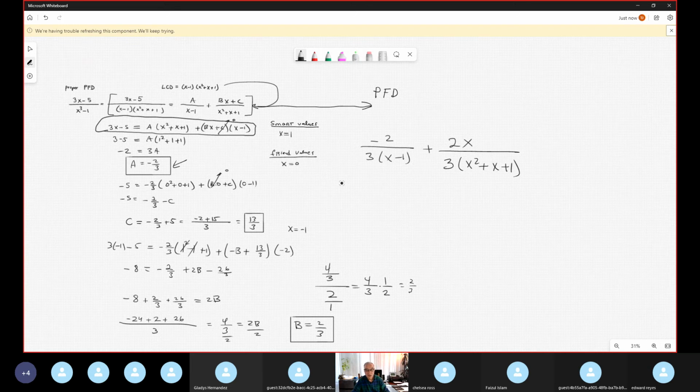You can write it like that if you want, plus 13, because it's a coincidence that the denominator is 3. It's the same. But in some problems it's not the same denominator, so you write it like that. Plus 13 over 3 times x squared plus x plus 1. Bang. And this is my final answer. You see? Okay, beautiful.